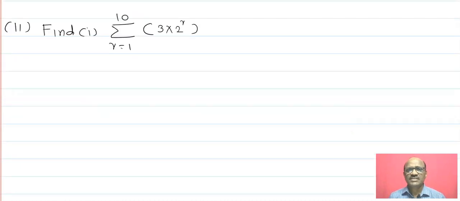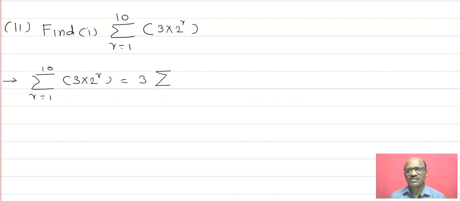Now the next, this is a very simple example. Find the summation r equals 1 to n of 3 into 2 raised to r. Now 3 is a constant, therefore we can take it outside. That is 3 into summation r equals 1 to 10 of 2 raised to r. Now take the value of r as 1, 2, 3, and in this way you will get a geometric progression.